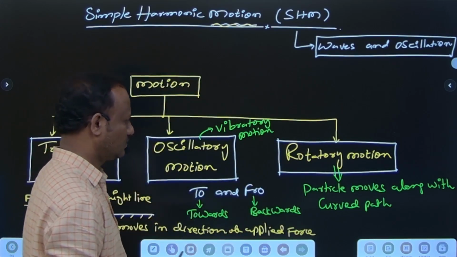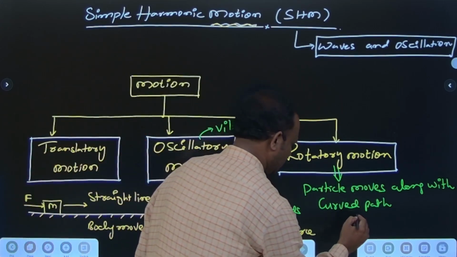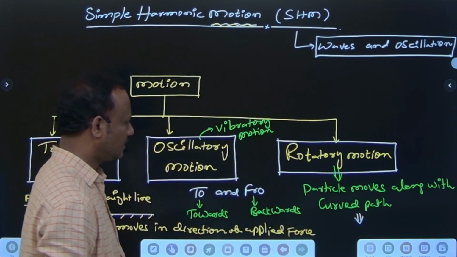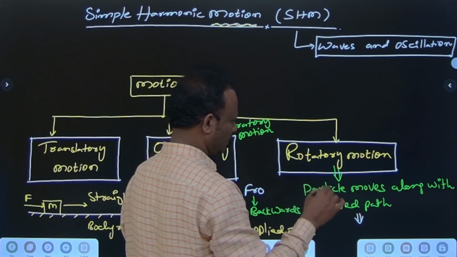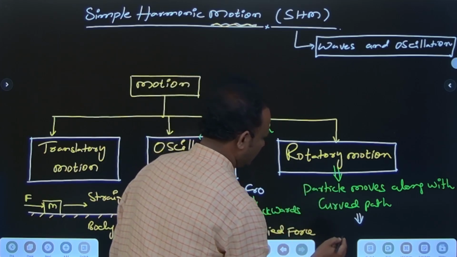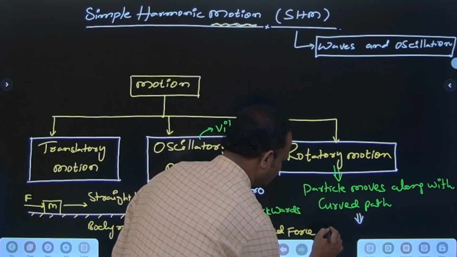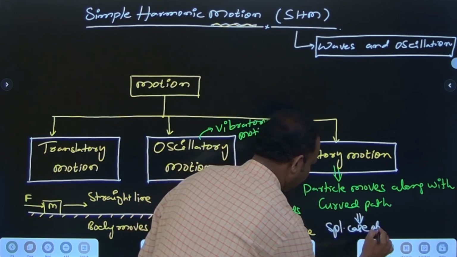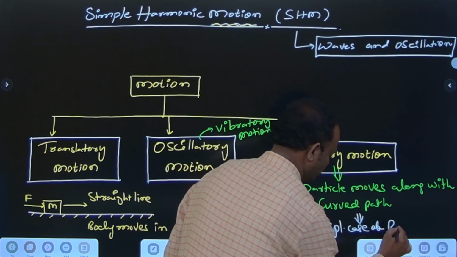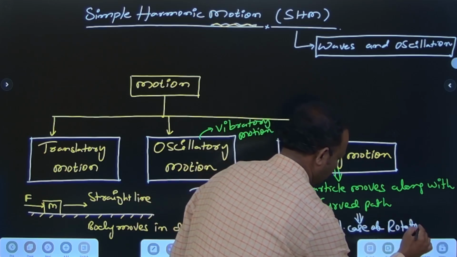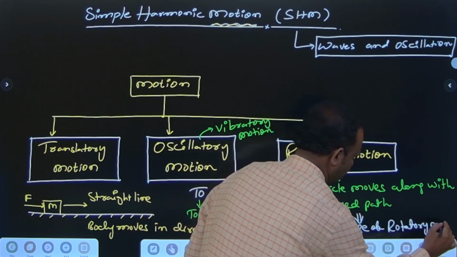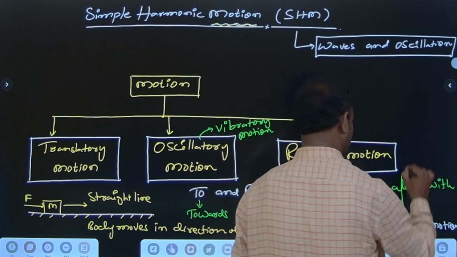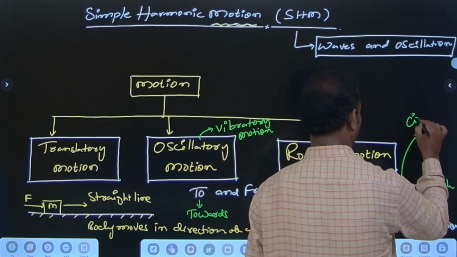When the particle is moving along a curved path, translatory motion is converting into rotatory motion. A special case of rotatory motion is circular motion.